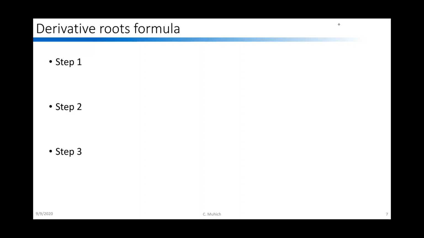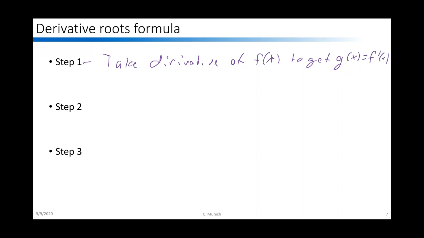Therefore, there are 3 steps to using the derivative roots formula of finding maxima or minima. Step 1, we take the derivative of f of x to get g of x equal to f prime of x, and we set g of x equal to 0.